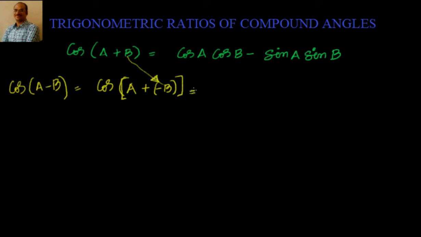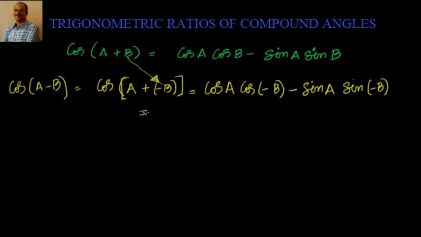So what will be the formula? Cos a plus b equal to cos a cos b, cos a as it is. Instead of cos b I will have cos of minus b, minus sin of a into sin of, instead of b, minus b. Correct.